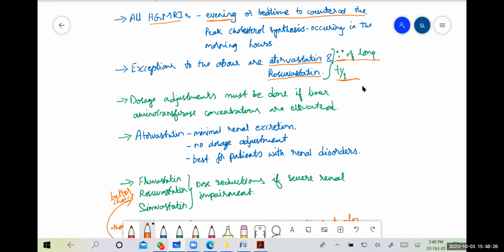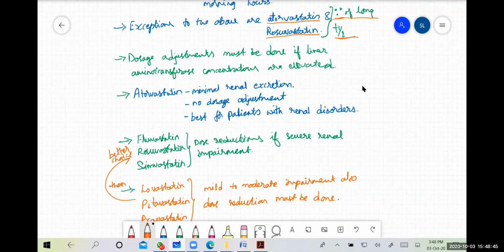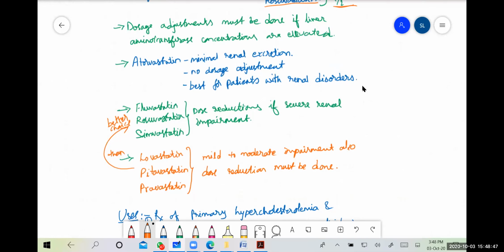Atorvastatin and rosuvastatin can be taken at any time of the day, because these drugs have longer half-lives. Then all other statins, apart from these three, must be taken during the evening or at bedtime to counter the cholesterol synthesis, which commonly occurs during the early hours.